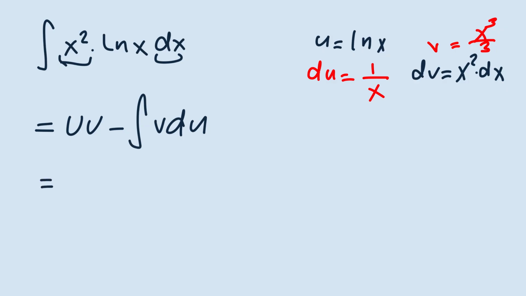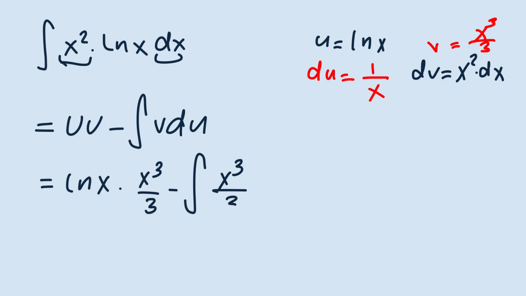So it will be uv, which is ln x, times v, which is x cubed divided by 3, minus the integral of v du, which is x cubed divided by 3 times du, which is 1 over x. Now I can simply cancel this x with one of the x's, so I have x squared left.